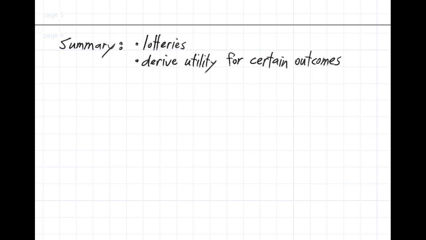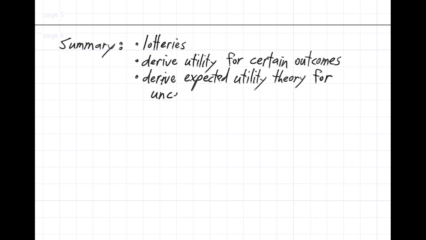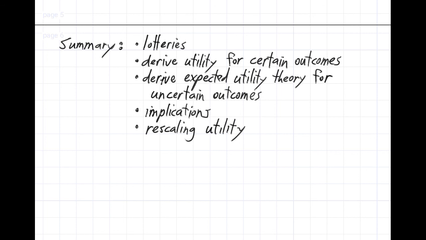And then using that, we were able to derive expected utility theory, which just says that we should behave in such a way as to maximize our expected utility when we have uncertain outcomes. We talked about a few of the implications, and we talked about how we can rescale utility without it affecting our preferences or how we map our preferences onto utility.